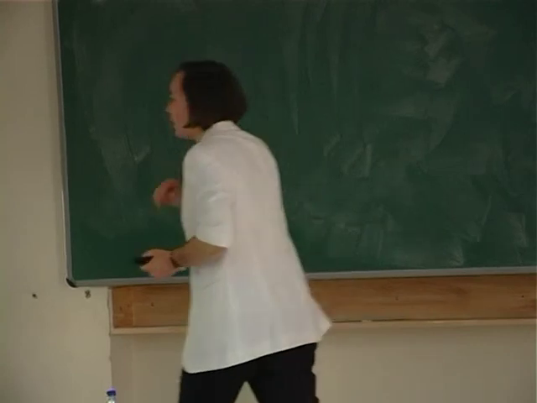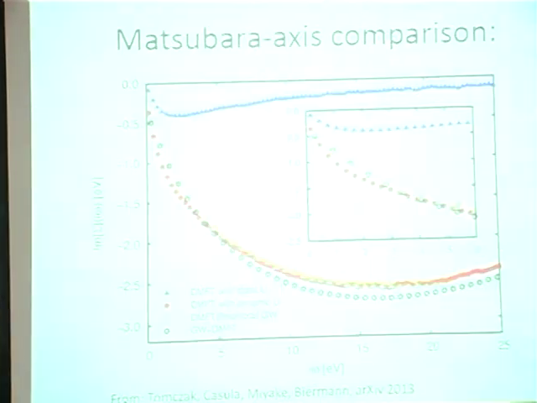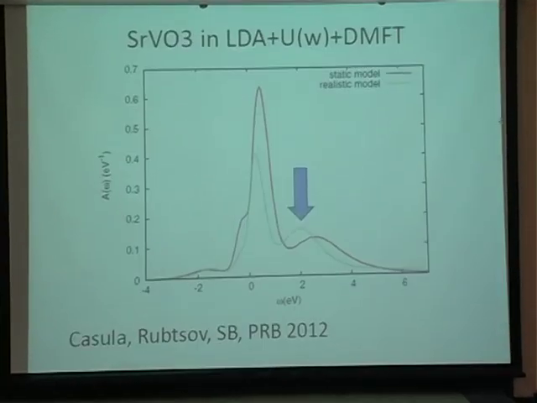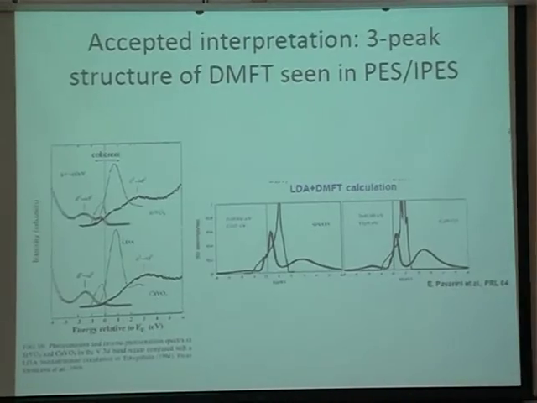Okay, very good question. You're asking about the comparison of, let's say, LDA plus DMFT with static U and dynamic U. That gives me occasion, thanks a lot, to go back to two slides that I would really have liked to show.